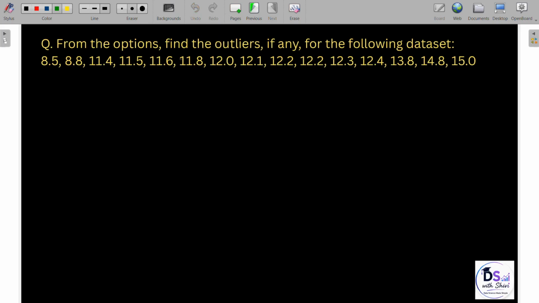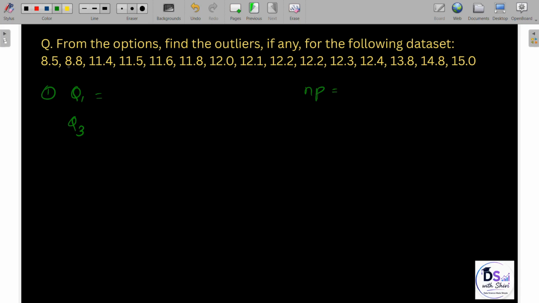Let's do an example to understand it more clearly. Here we have the question. We have this data set and we are to find the outliers. So first, we will arrange the data in ascending order. Here we can see that the values are already in ascending order, so we don't need to do anything. What is required next is to calculate quartile 1 and quartile 3. For quartile 1, we first calculate np.